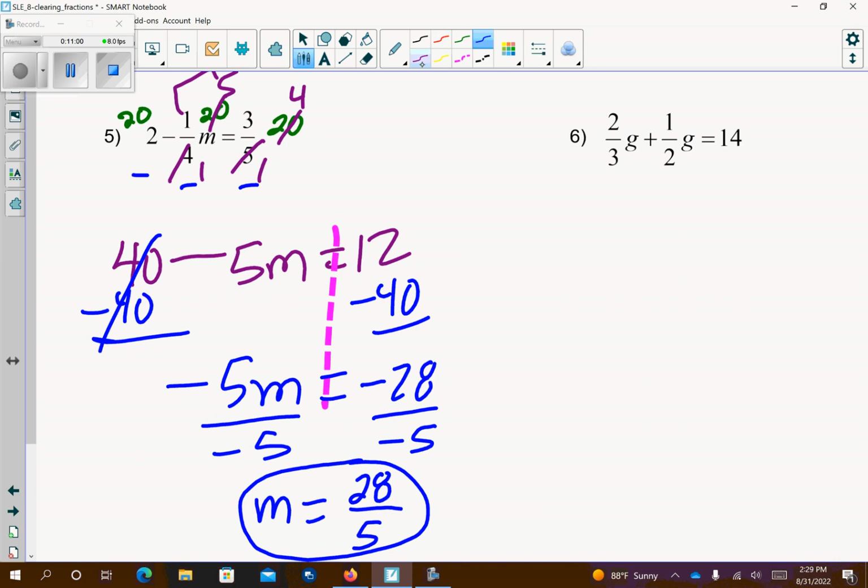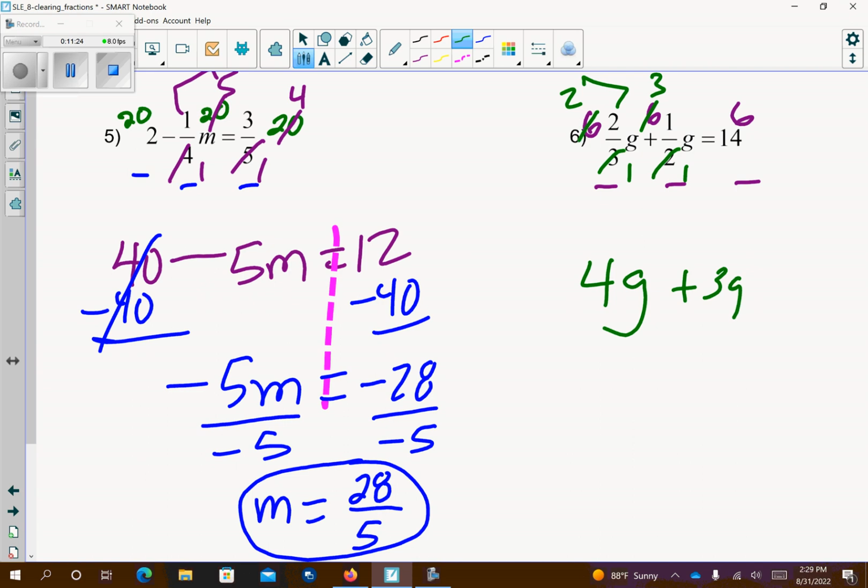Last example. We have 3 different terms. So what is the smallest number that both 3 and 2 go into? And that would be 6. Multiply by 6. Okay, 3 goes into 6 twice. 2 times the outside 2 is 4, so I get 4g plus 2 goes into 6 3 times. 3 times 1 is 3g equals 6 times 14.